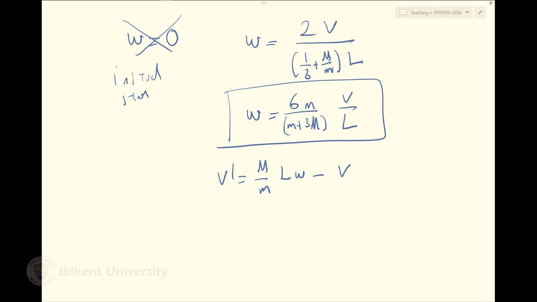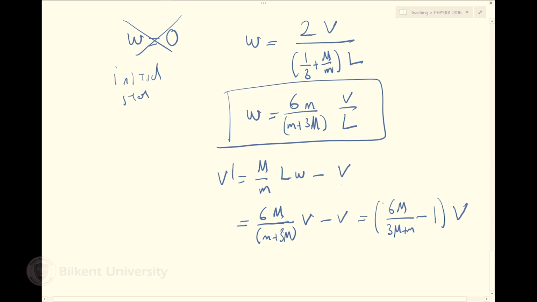So now I can actually put this in. I'll have 6m divided by 3V minus V, or 6m over 3 capital M plus m minus 1 times V.